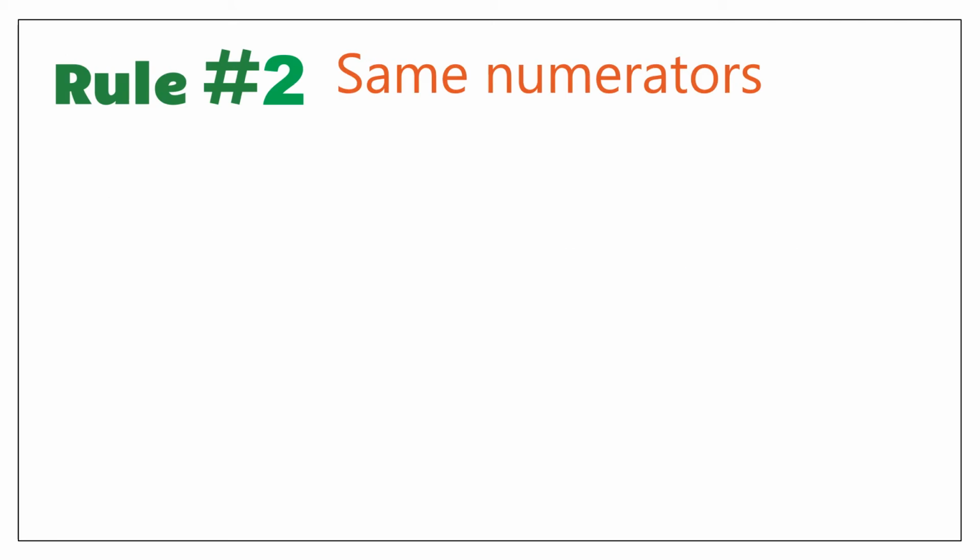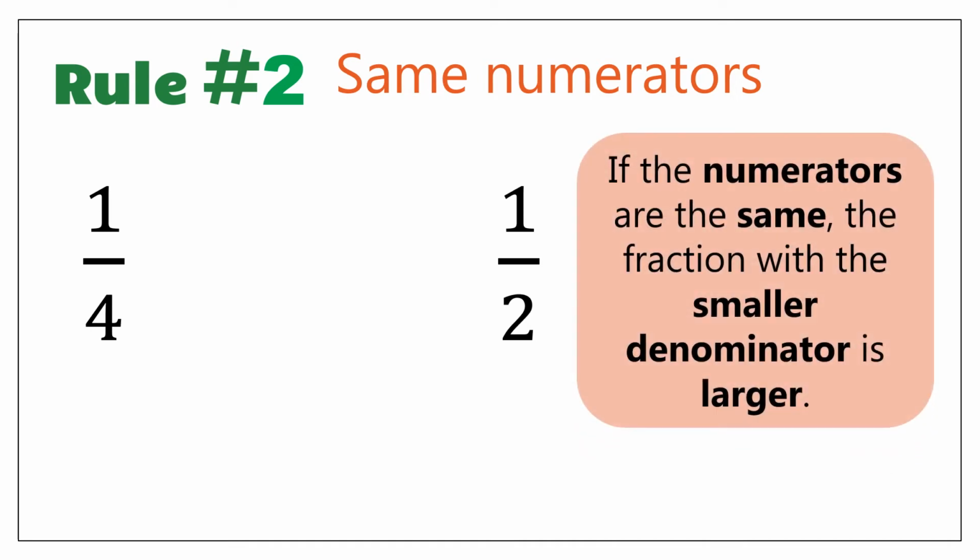Let's proceed to rule number 2, same numerators. For example, I have 1/4 compared to 1/2. Rule number 2 states that if the numerators are the same, the fraction with the smaller denominator is larger. As you can see in our example, we have the same numerators.